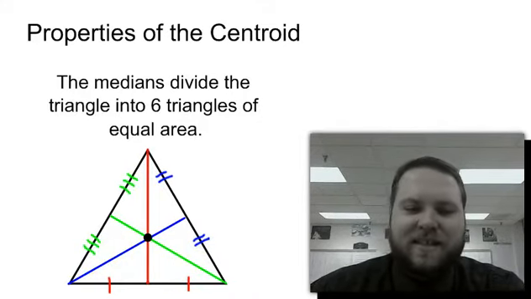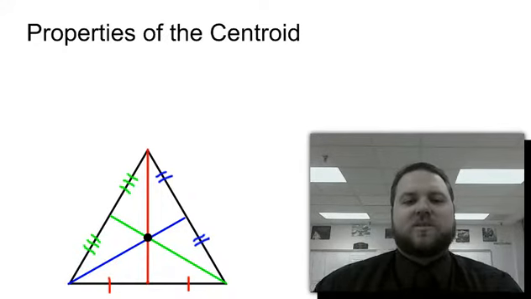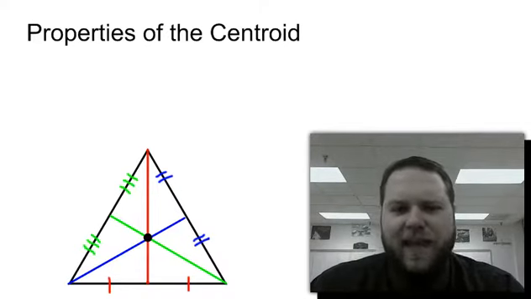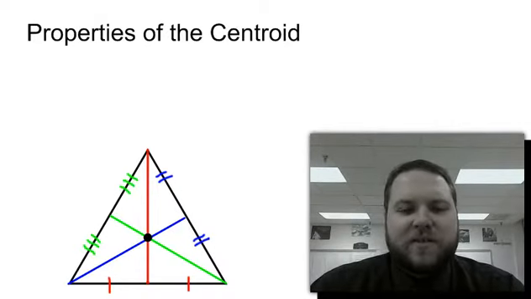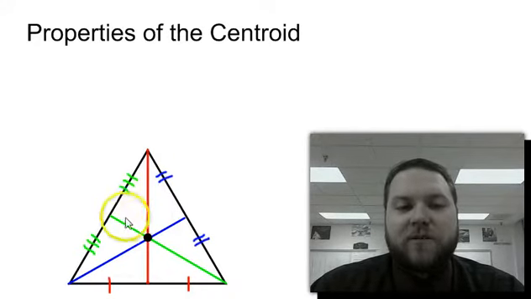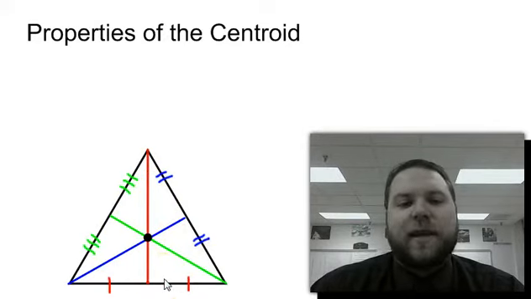And this leads us to something incredibly cool. If we have this triangle being a physical triangle, like it's actually made of something I can hold in my hand, and it's uniform, the same thickness throughout and made of the same material throughout, each one of these triangles, because it has the same area, is going to have the same weight.